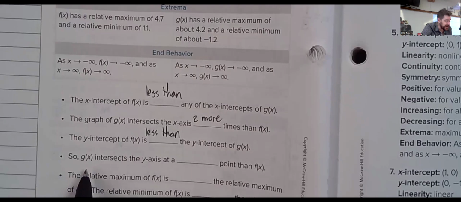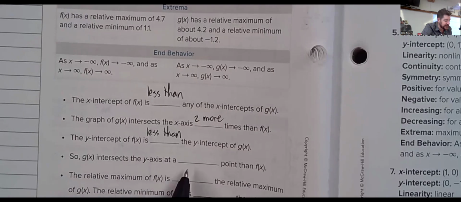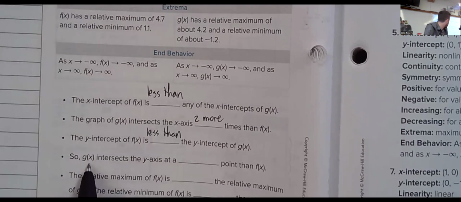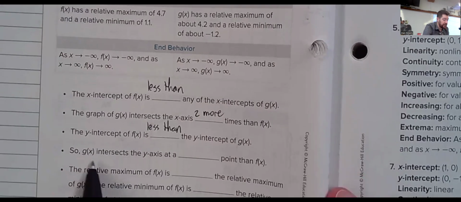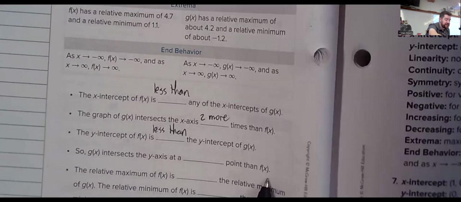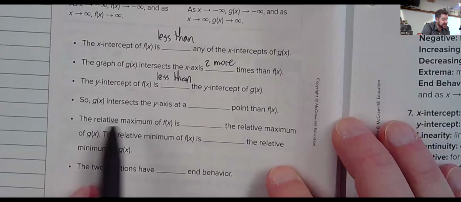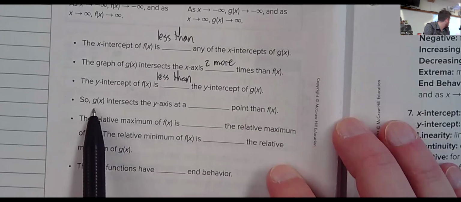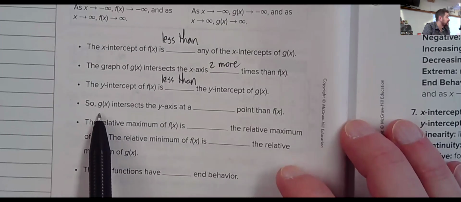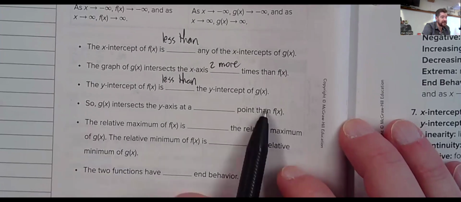So g of x intersects the y-axis. We've got a y-intercept of 4 and a y-intercept of 1.5. So in terms of height, would g of x intersect higher or lower than f of x? This one was 4, this one was 1.5.